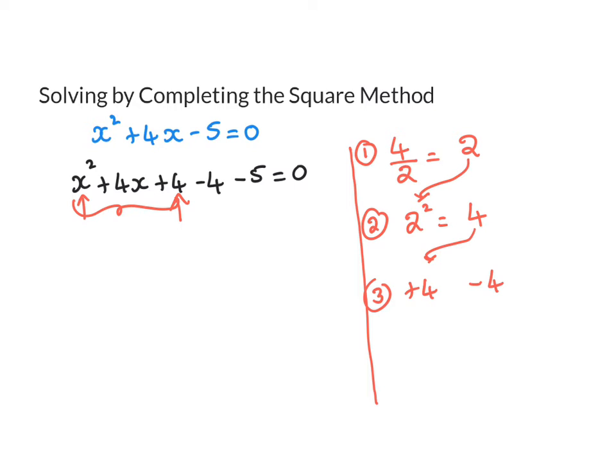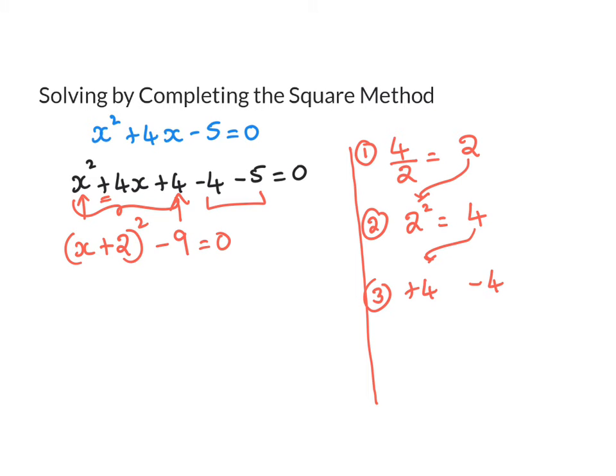So this is in the form (a + b)². So we can write this as (x + 2)², the plus sign is because we have a plus sign here, and the square root of 4 is 2. This can easily be factored now in this form. Then −4 − 5 is −9, equal to 0.